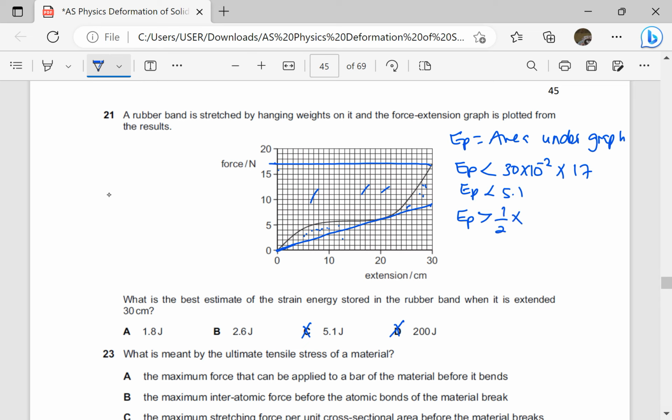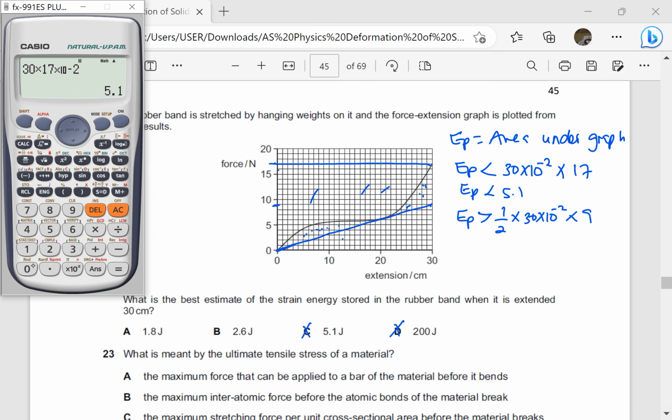So it will be a half times, the base will be maybe 30 times 10 power negative 2. It is a triangle, and the height will be, let that be 9. So this is times 9. Let's check this: 0.5 times 30 exponent negative 2, then times 9.